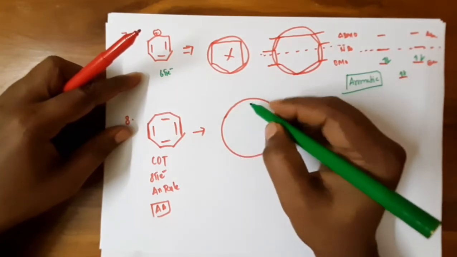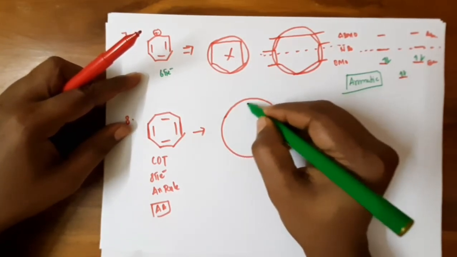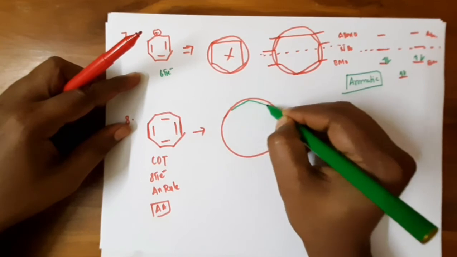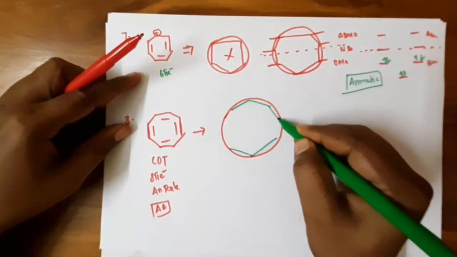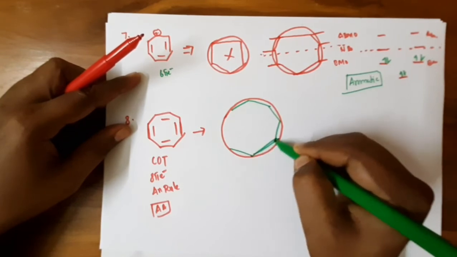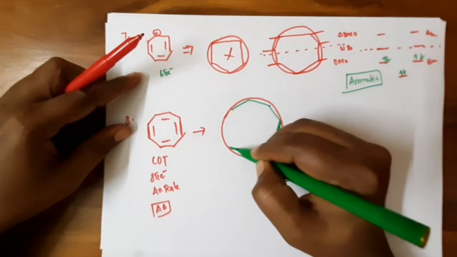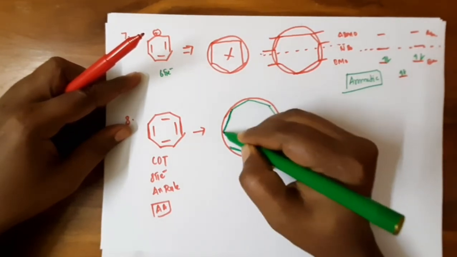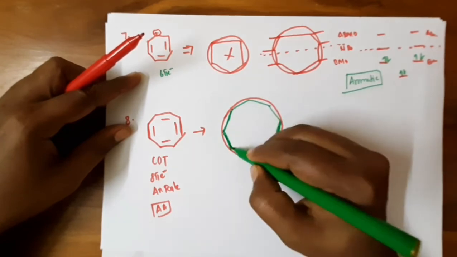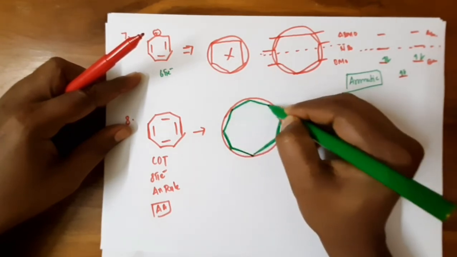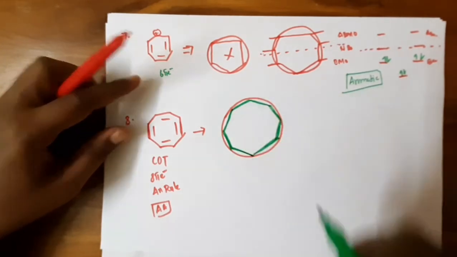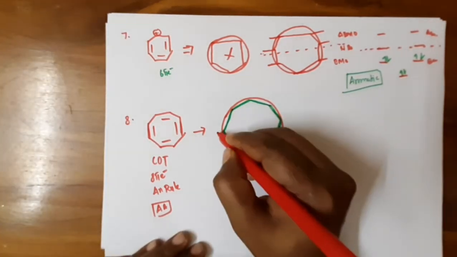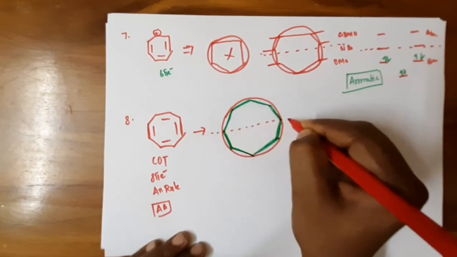Inside this, one of the vertices should be pointed down. So 8 vertices are there. Count if you are having any doubt. Just 1, 2, 3, 4, 5, 6, 7, 8. So draw the energy levels. Draw the horizontal line first.